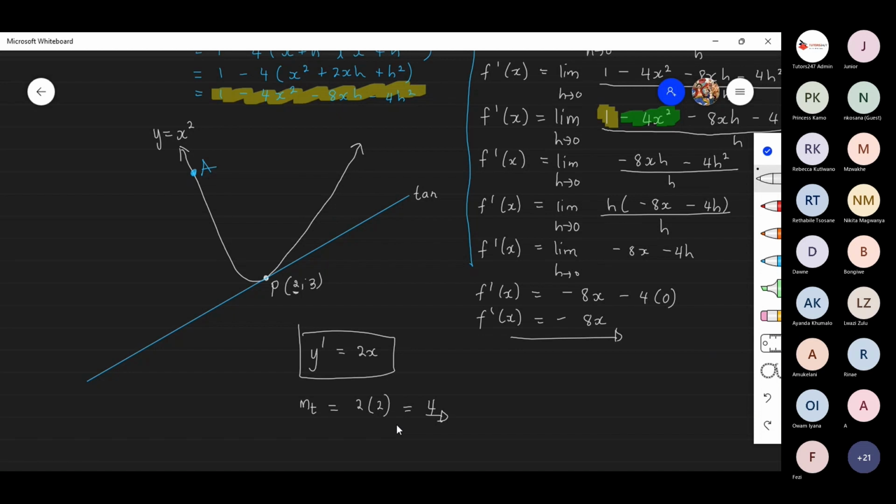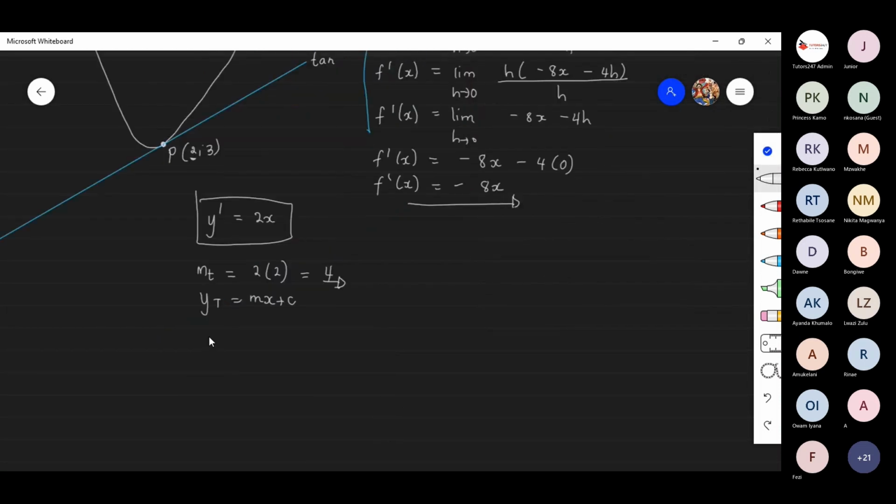So the gradient of our tangent that touches the graph y equals x squared at point P is equal to 4. And if you want to find the equation of that tangent, all you need to do is use your equation of a straight line formula, because keep in mind a tangent is a straight line. Substitute the gradient and the x and y value. So the y value is 3, the gradient is 4, the x value is 2, plus c.